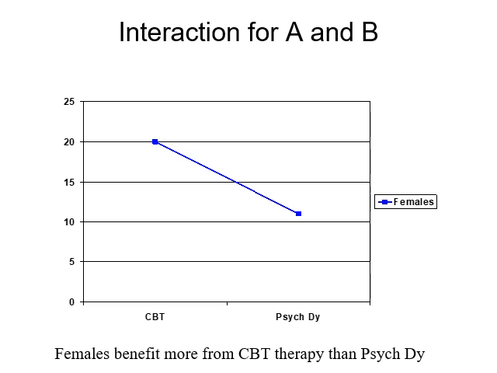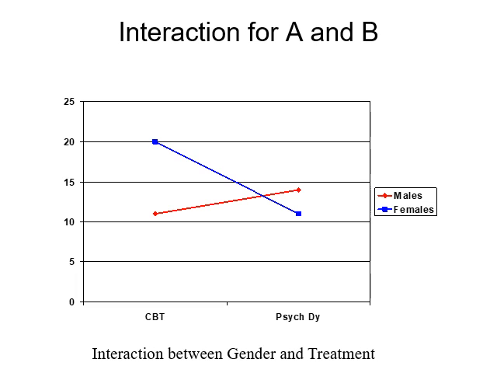However, there is a large effect in the difference in the effectiveness of CBT versus psychodynamic theory with females. So looking at the combination of these data, there is not a significant difference between males and females in psychodynamic theory, there is not a significant increase in the effects of treatment for males between cognitive behavioral therapy and psychodynamic theory, and finally, there is a significant improvement with females with cognitive behavioral therapy.